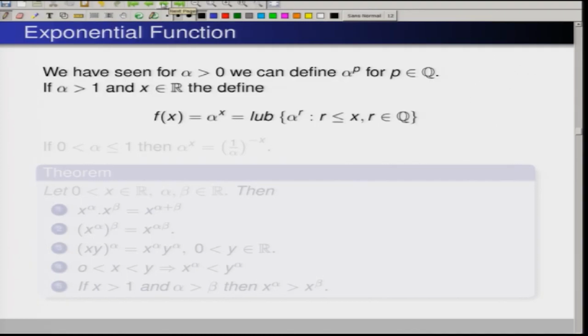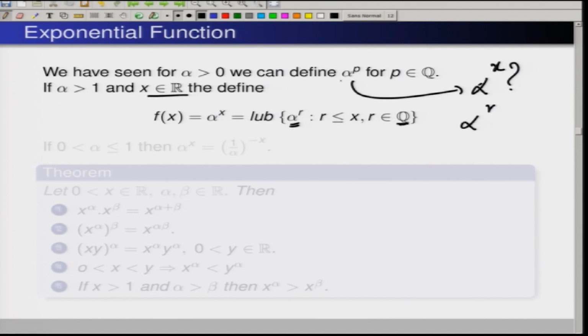Now, if alpha is greater than 1 and x is in R, let us define f of x to be alpha to the power x, where x is now in R. That is what we are asking for. This is how we are going to define it: you take alpha to the power r, which is defined because alpha is greater than 1, that means alpha is greater than 0, and r is a rational.